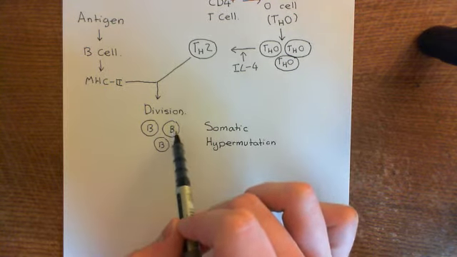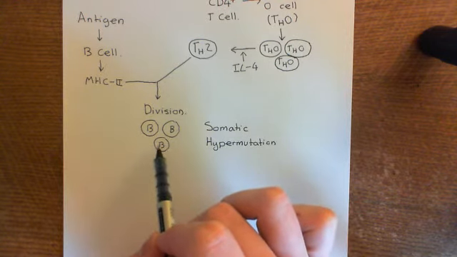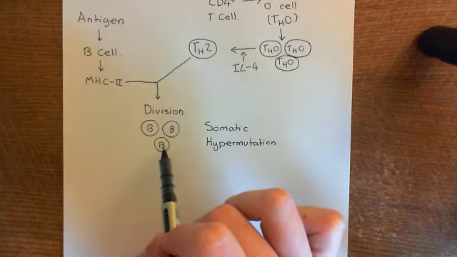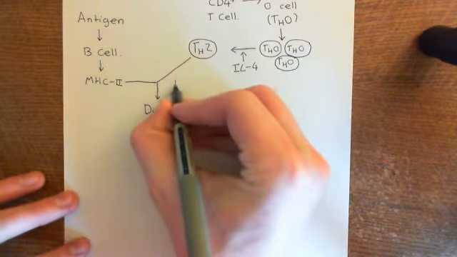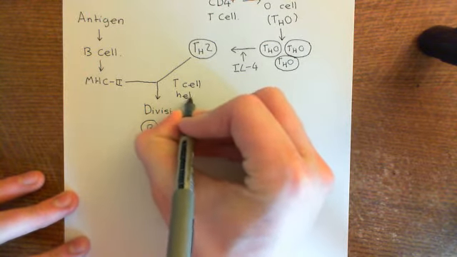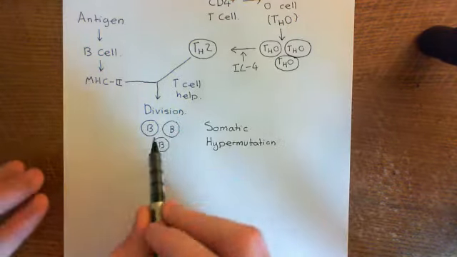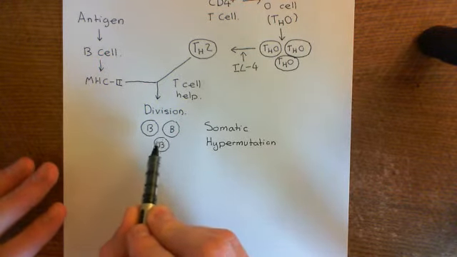So the good ones will survive and divide, whereas the bad ones, the ones which have lower affinity B cell receptors, they will just undergo apoptosis. When they don't get T cell help, as it's called, so this process is known as T cell help, they will undergo apoptosis.